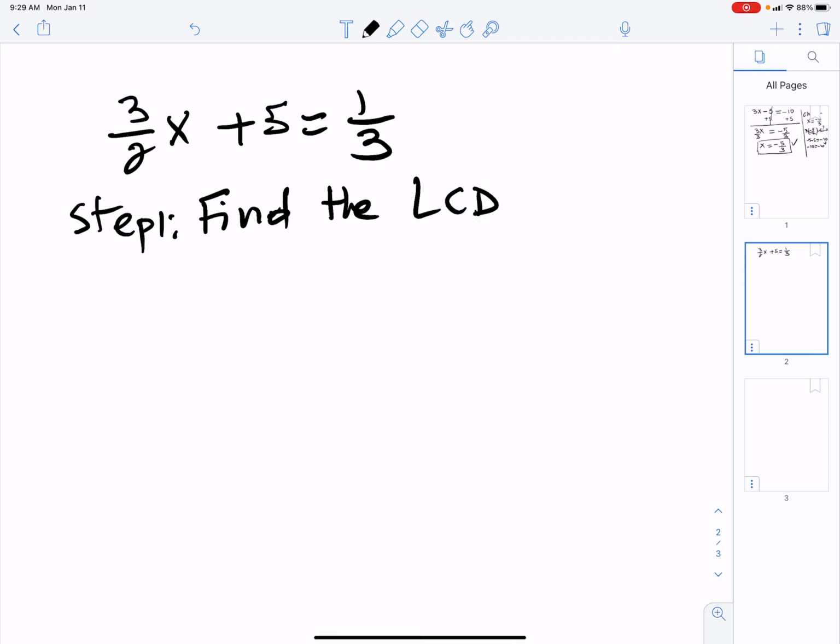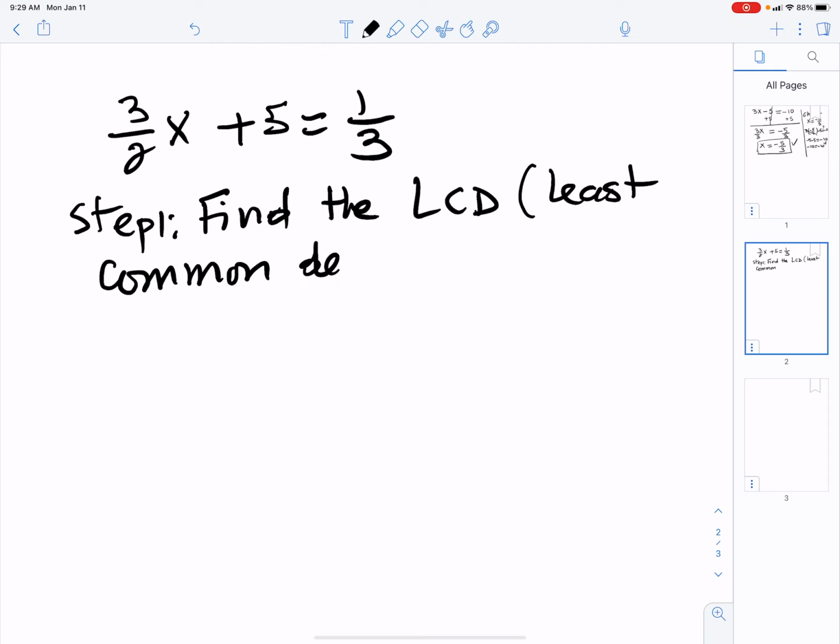LCD stands for least common denominator, right? Least common denominator. Right? So the LCD of 2 and 3 is 6, right?